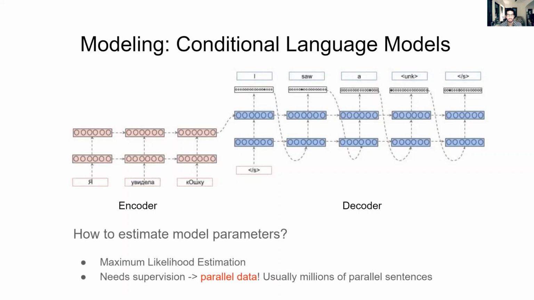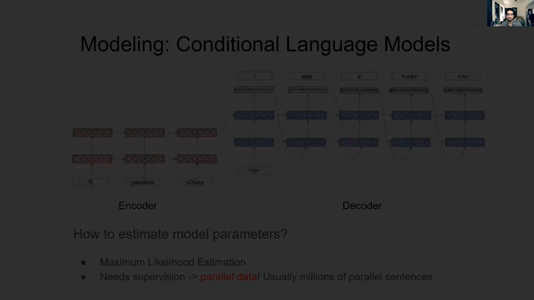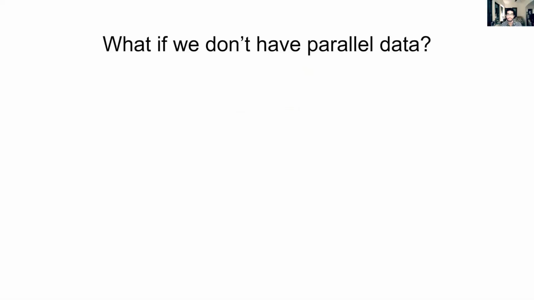But to learn the parameters of these models, you use maximum likelihood estimation, or in other words, you need supervision to train these models. By supervision, I mean parallel data. For example, for translation, you usually need millions of parallel sentences for a model to work well. So the question we're going to ask in this lecture is, what if we don't have any parallel data?